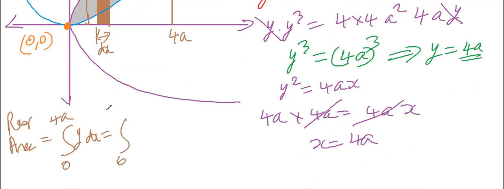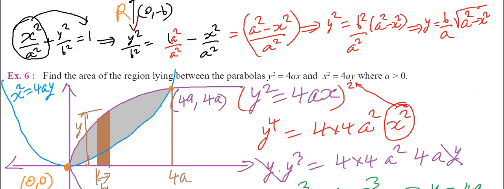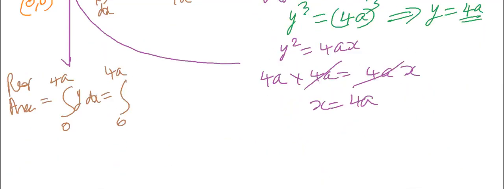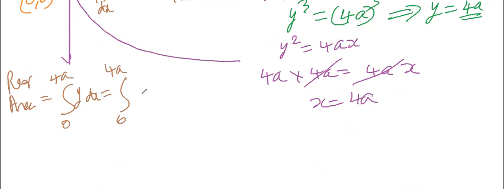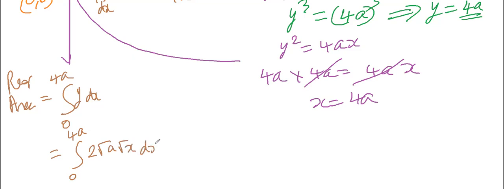What is the value of y? Value of y you can get from this equation, because I am considering this equation. So from here the value of y will be 2 root a and root x, correct? So here I will write 0 to 4a, and the value of y was 2 root a root x dx.